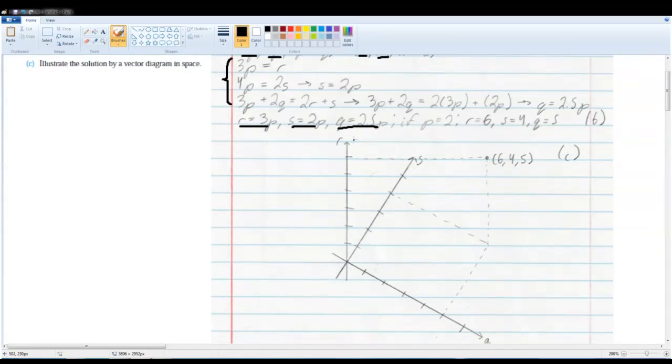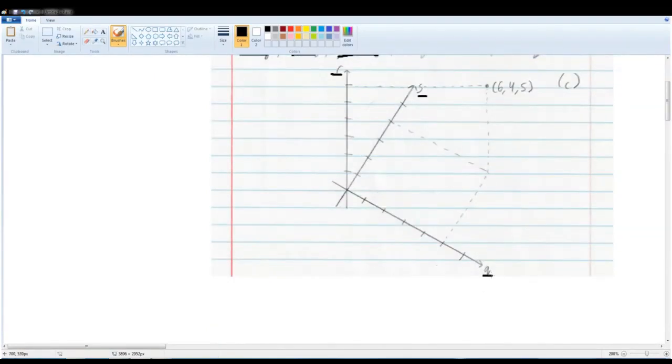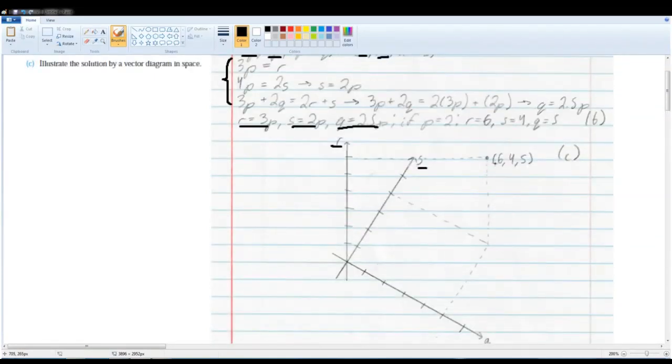So I basically just did r right here, s, and q, and so we have r equals 6, s equals 4, and q equals 5 as a point in 3D space, and that point is right here. Okay, let me see. What do you have to draw? Oh, just a solution. Okay, just a solution.